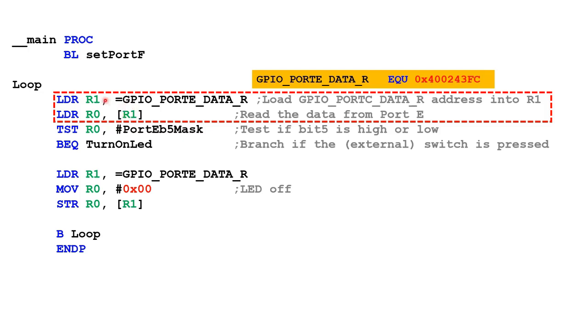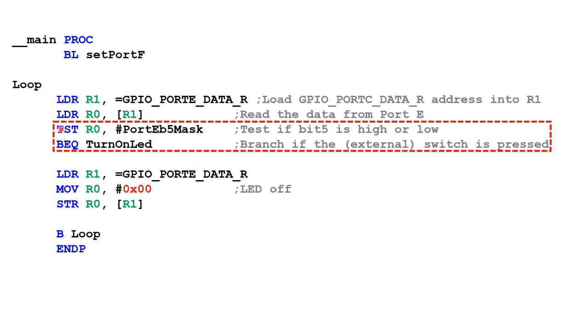Now R1 is pointing to this address, so it will go to that address, get the contents and load it into R0. It's not copying the contents of R1, but rather it will copy the contents of the address pointed to by R1.